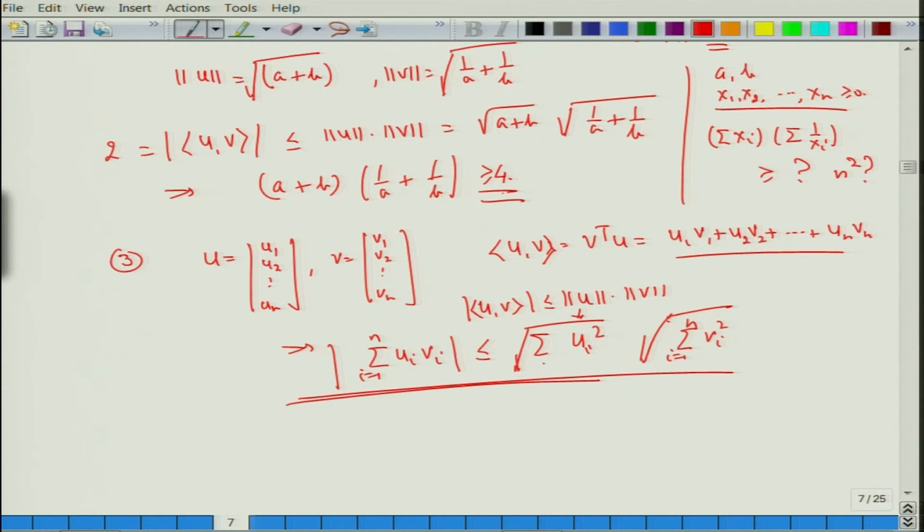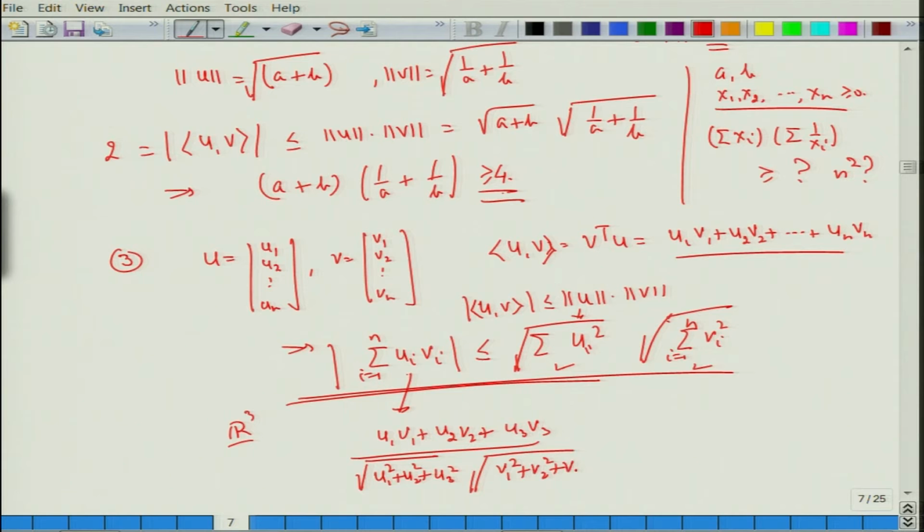So I can do such a thing, and this is what we required when we looked at C2 or R2 or R3. So look at this part, in place of R3, it just corresponds to looking at U1 V1 plus U2 V2 plus U3 V3 upon, look at these two, the square root of U1 square plus U2 square plus U3 square, into the square root of V1 square plus V2 square plus V3 square, is less than or equal to 1, and this absolute value tells me that this is also this.